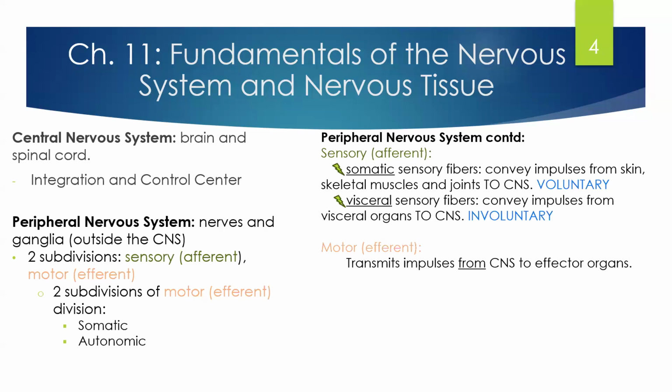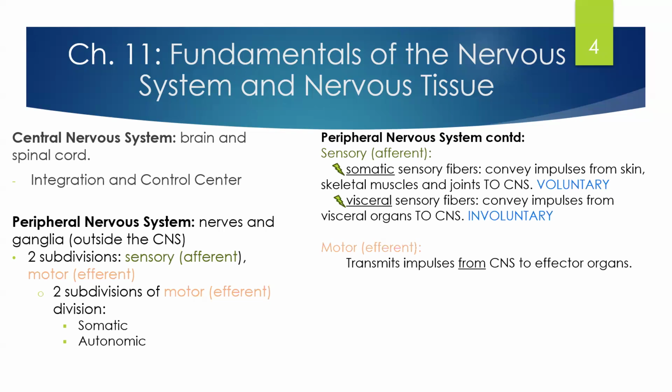With the peripheral, it gets a little more complex because it has 2 subdivisions. That's the sensory or afferent, and then motor or efferent. However that helps you to memorize it, afferent or efferent, it just depends on how it helps you remember it.